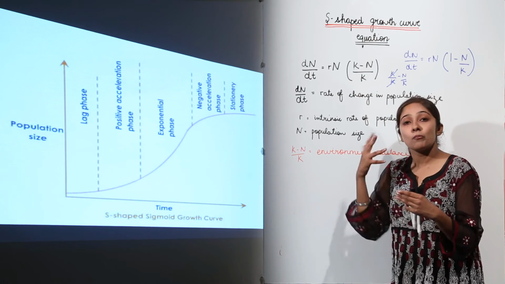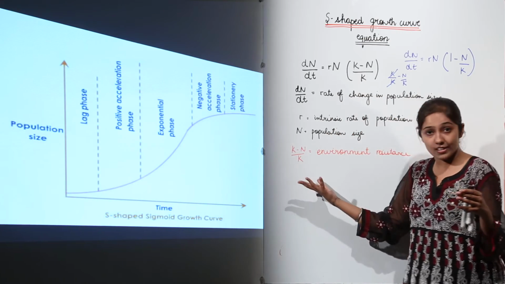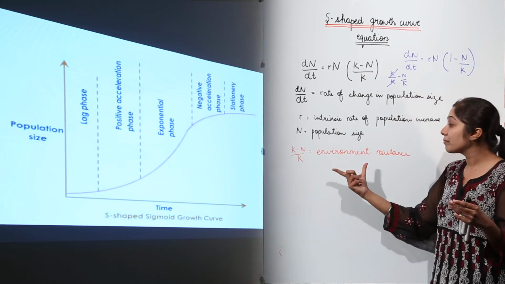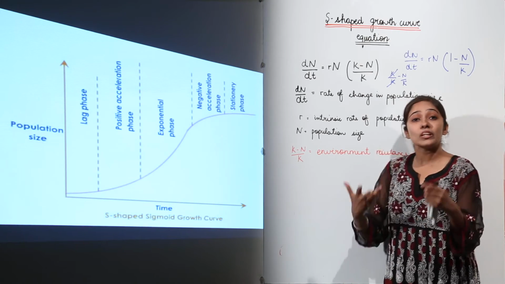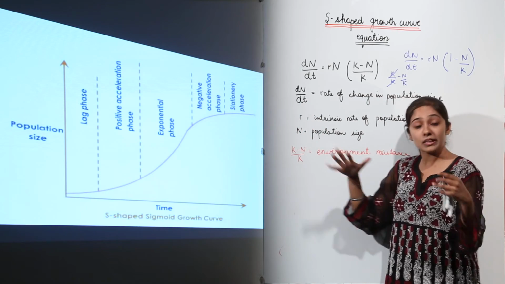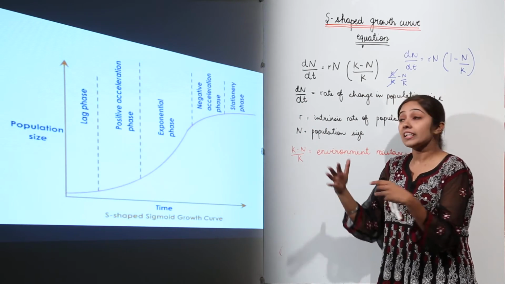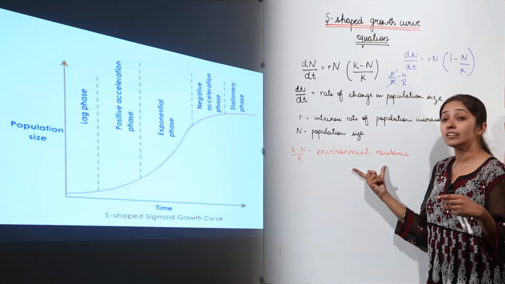That is why the population of elephants does not grow to such a high extent. Why does this happen? Because of environmental resistance. Why does the population of paramecium not go on and on, though it multiplies very rapidly? Because of this environmental resistance.